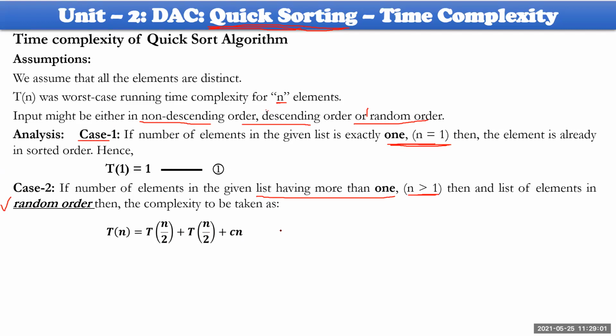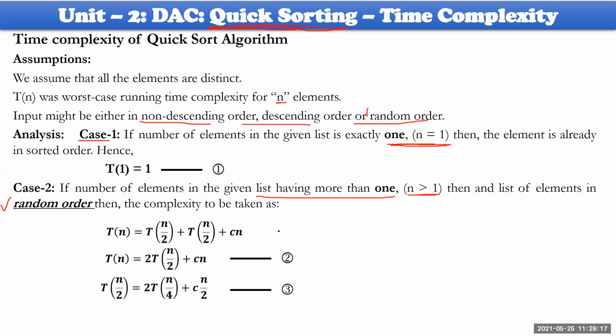On solving this, T of n equals 2T of n by 2 plus Cn, equation number 2. Then T of n by 2 equals 2T of n by 4 plus C into n by 2, equation number 3. And solve T of n by 4 also, equation number 4.